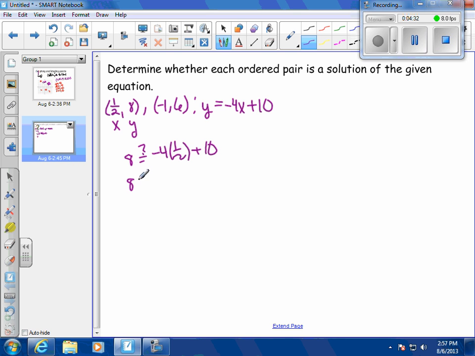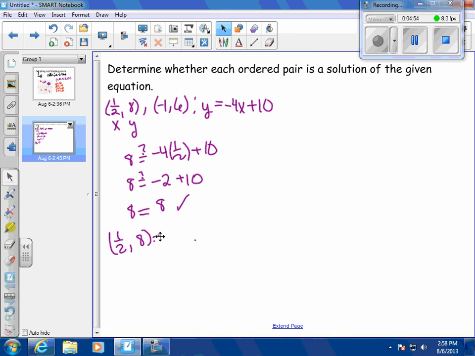Is that equal to -4 times 1/2, which is -2, plus 10? Is -2 plus 10 equal to 8? Yes, that's 8. So that works. We're going to write a little check mark, and we're going to write (1/2, 8) is a solution.